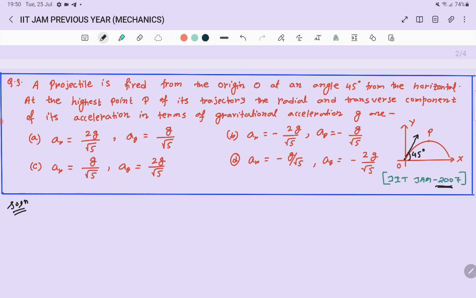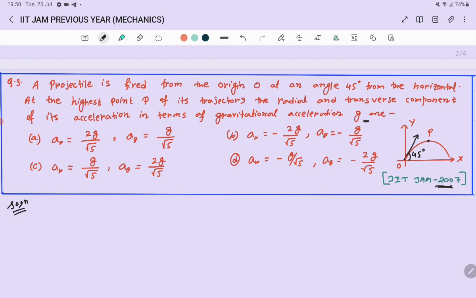From the horizontal, and at the highest point P of its trajectory, you have to find the radial and transverse components of its acceleration, at the maximum point, in terms of the gravitational acceleration g.